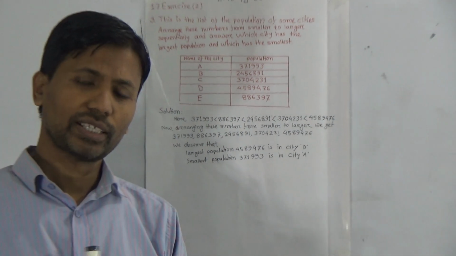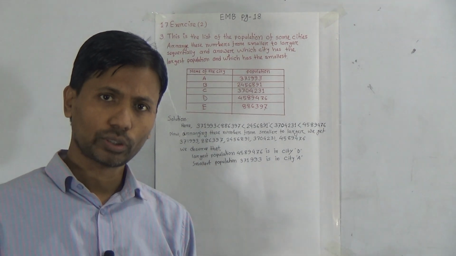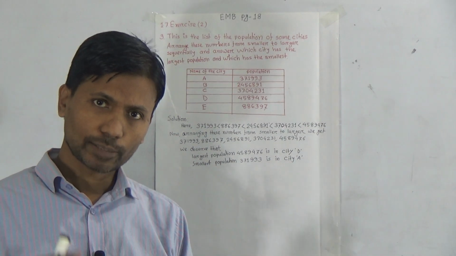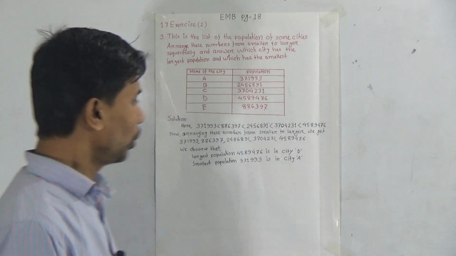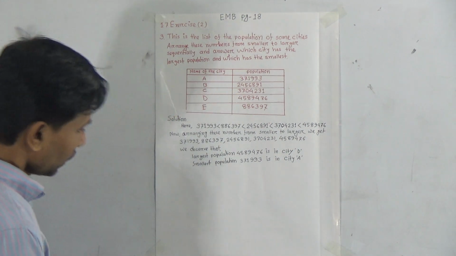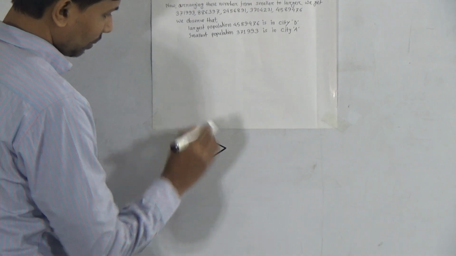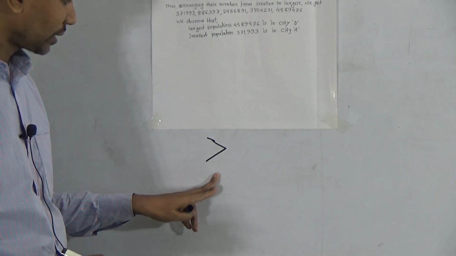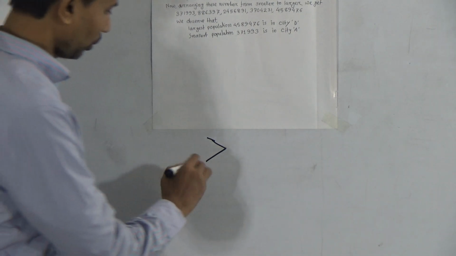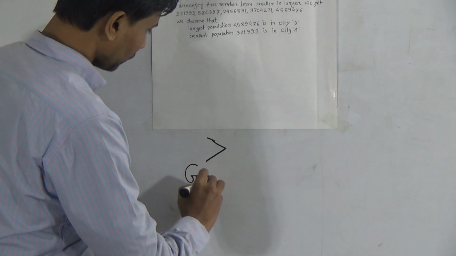Dear student, at first I will discuss with you a basic discussion about the smaller than symbol and the greater than symbol. Okay, look. You know this symbol, this is the greater than symbol.